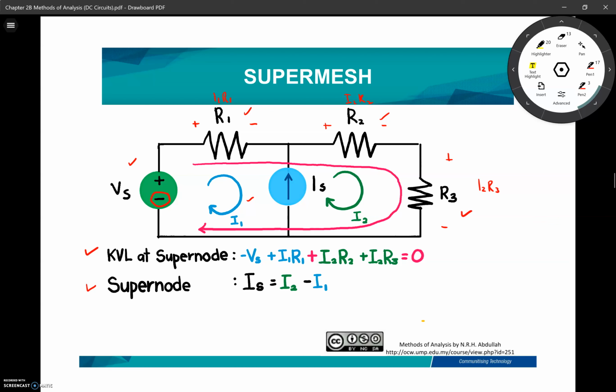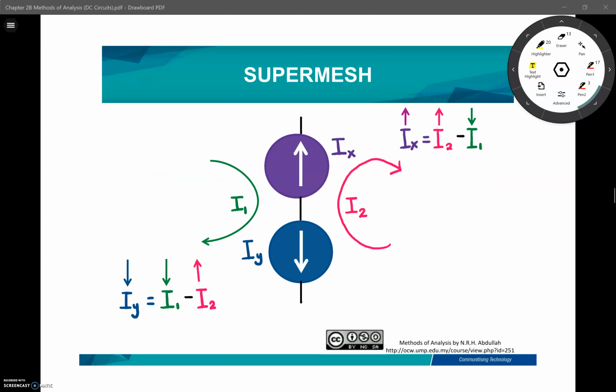You can see that the Is is in the same direction as I2, so it means Is equals I2 minus I1 for the supermesh. This is the example of how to determine the equations of the supermesh.